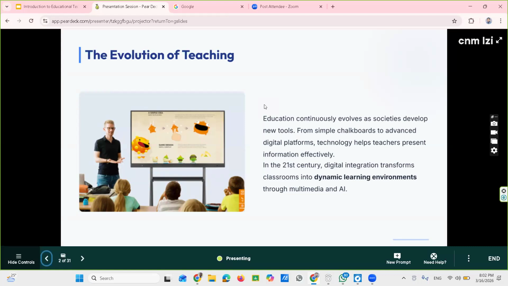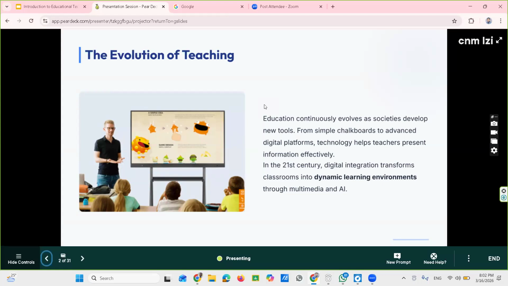Now read it here. Education continuously evolves as societies develop new tools. From simple chalkboards to advanced digital platforms, technology helps teachers to present information effectively. In the 21st century, digital technology transformed classrooms into dynamic learning environments.